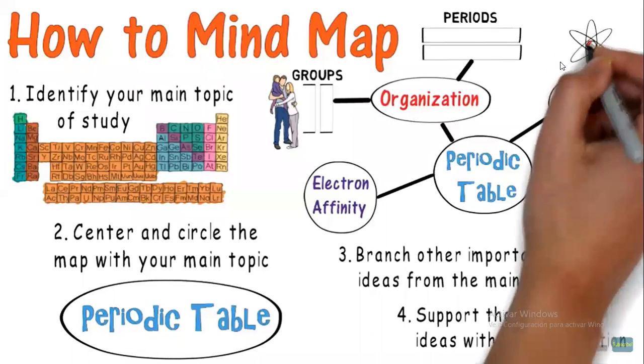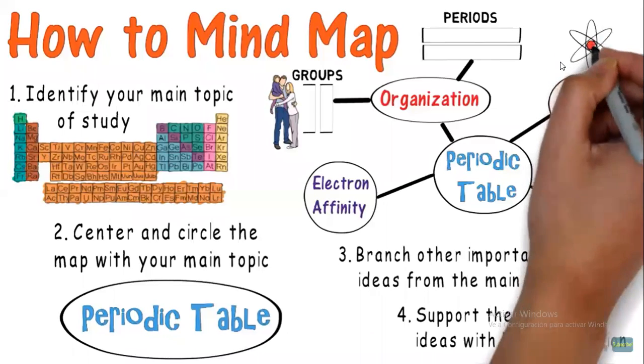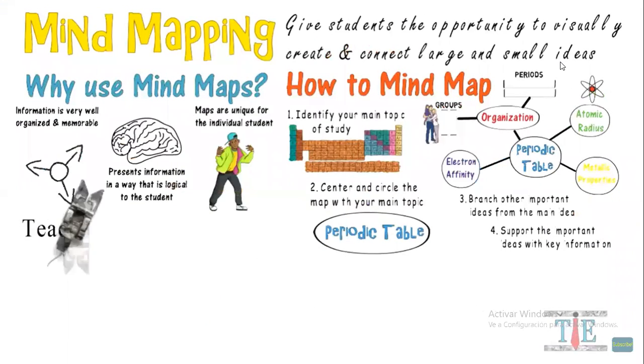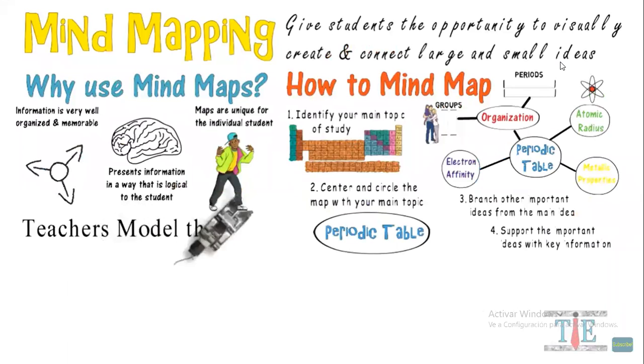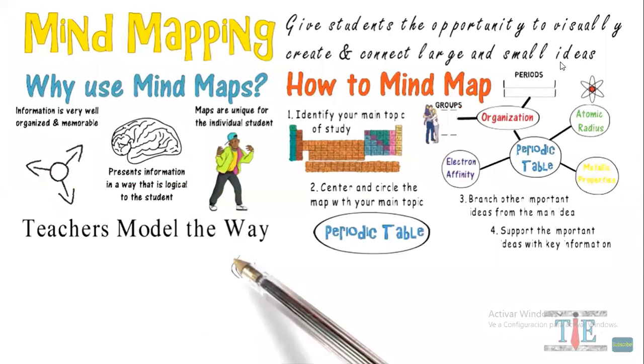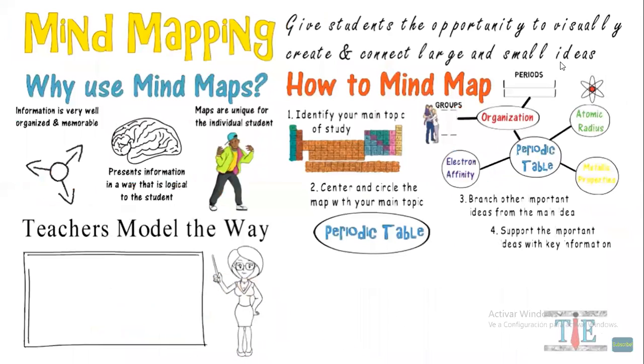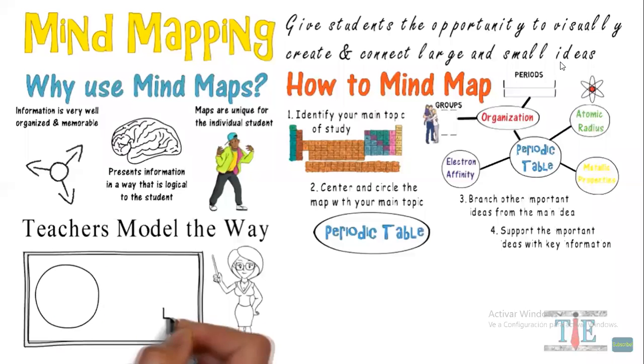Spice up your map by adding even more drawings whenever possible. Now, if you want your students to mind map, you must first model the way for them on how to mind map. Take a few minutes during class time and do a lesson on the whiteboard for your students on how to mind map. Every once in a while, do a mind map of a particular topic during your instruction.